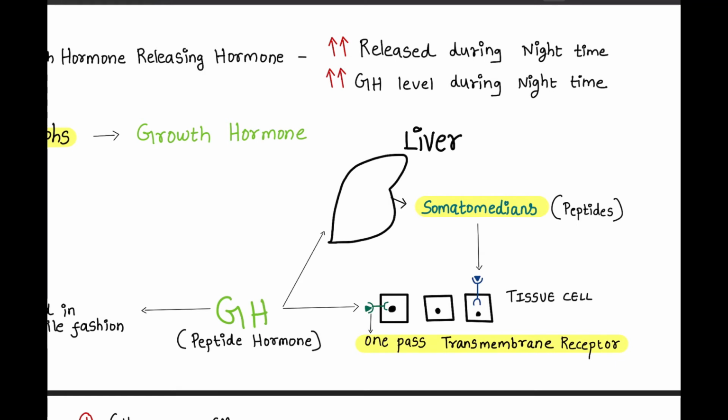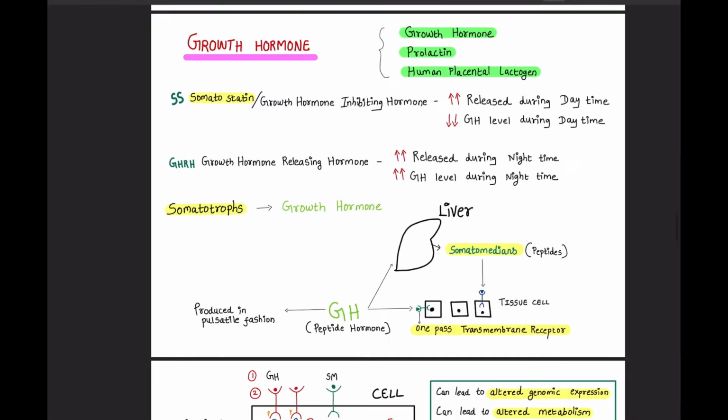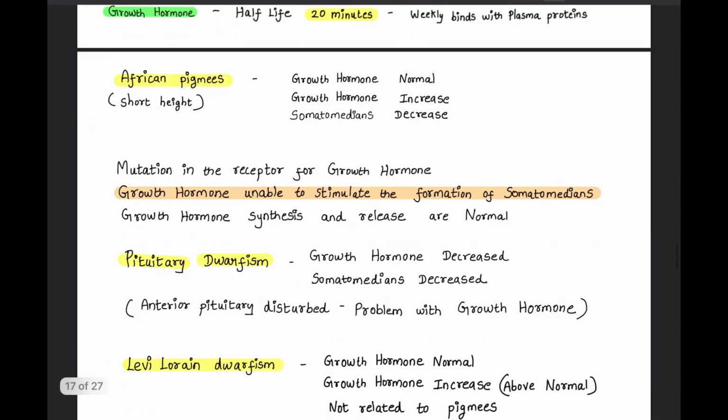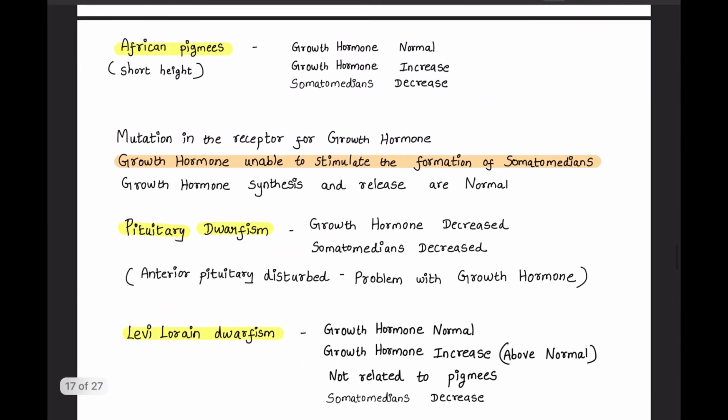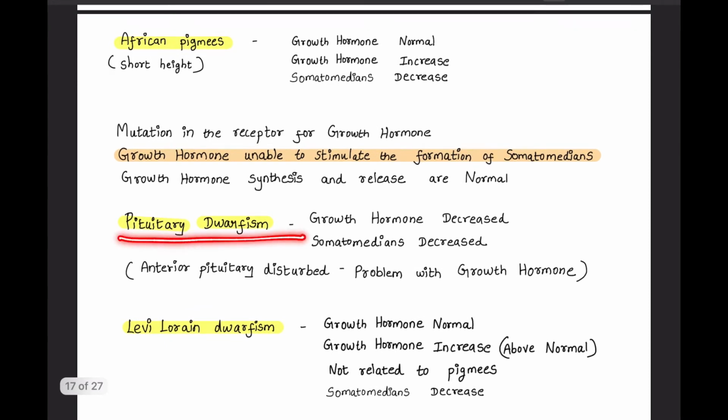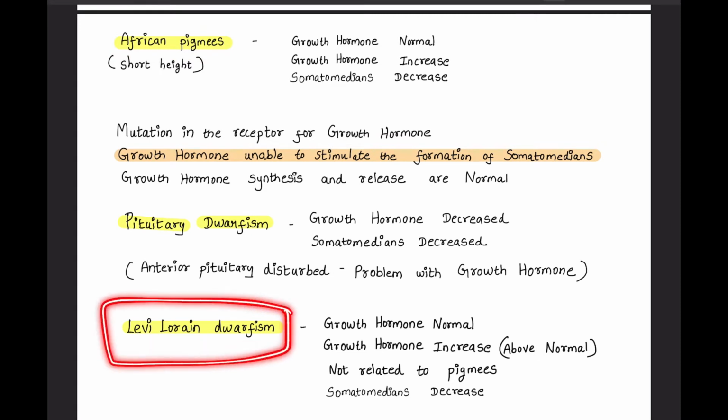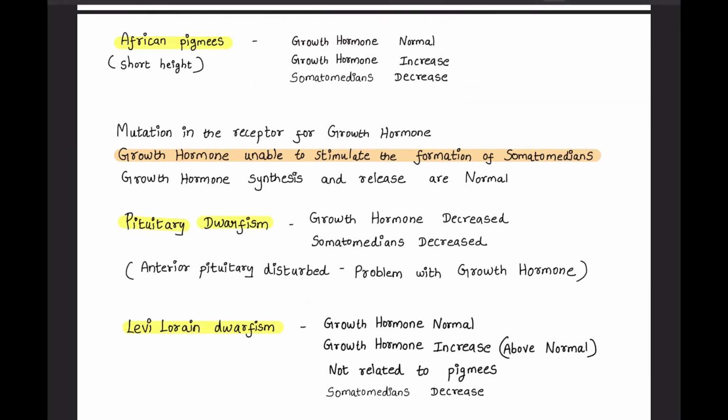This picture is similar to African pygmies, but Laron dwarfism is not related to African pygmies. So you have to understand the concept when it comes to pituitary dwarfism, African pygmies and Laron dwarfism.